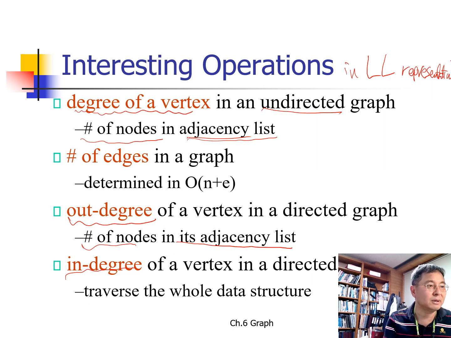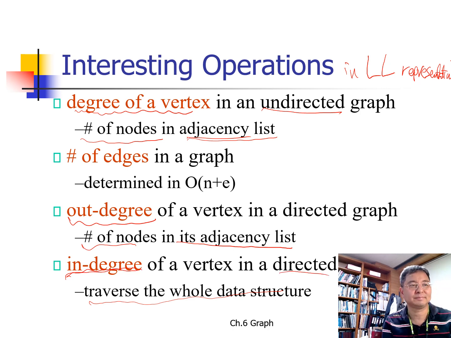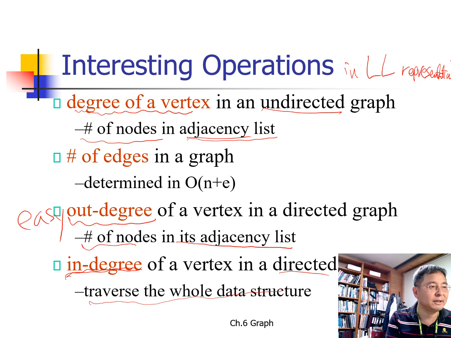So we must traverse the whole data structure, and then you can determine the in degree of a vertex in a digraph. Okay, so that's the difference. Out degree calculation is very easy, but in degree calculation is not easy. It's very difficult.